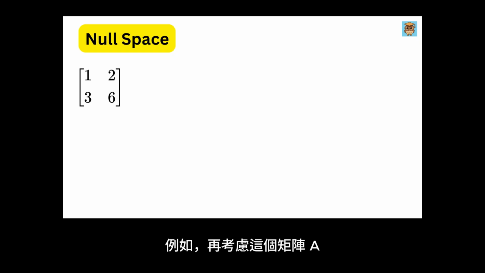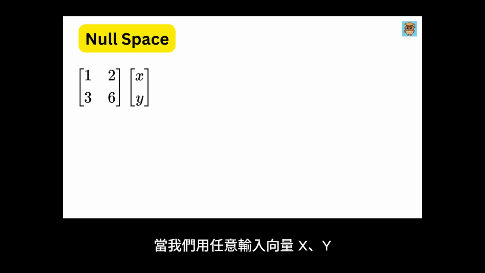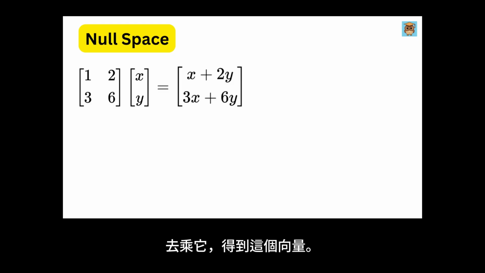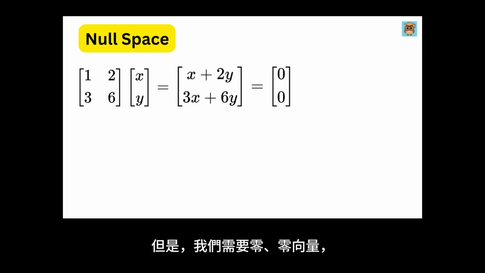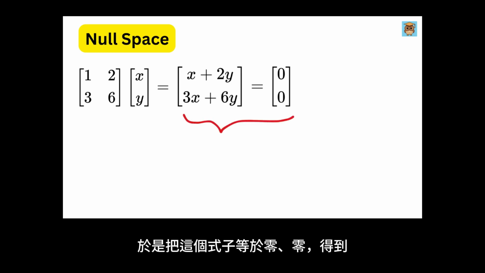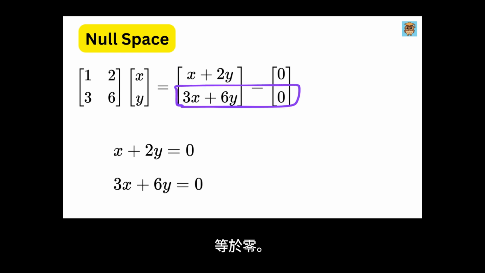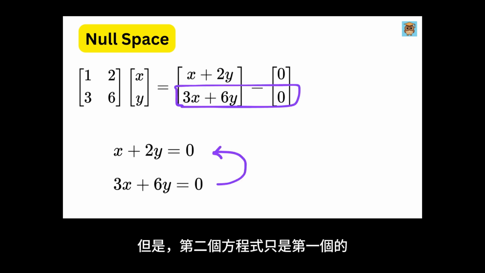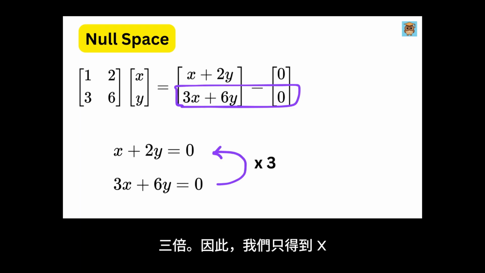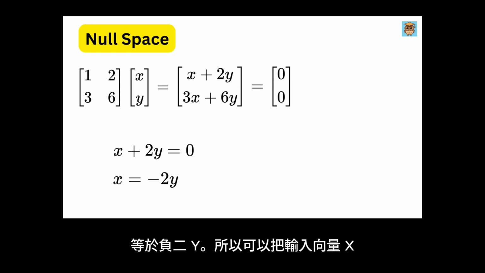For example, consider this matrix A again. When we multiply any input vector x, y with it, we get this vector. But we need 0, 0 vector, and thus we equate this thing to 0, 0 to get this equation as 0, and this one also as 0. But the second equation is just 3 times the first one. Thus we only get x equals minus 2y.